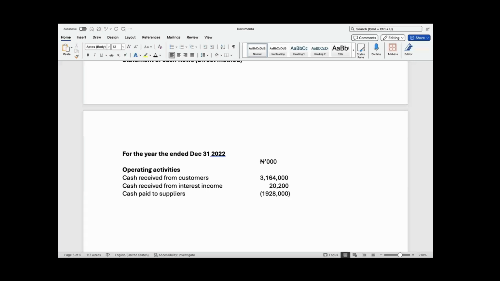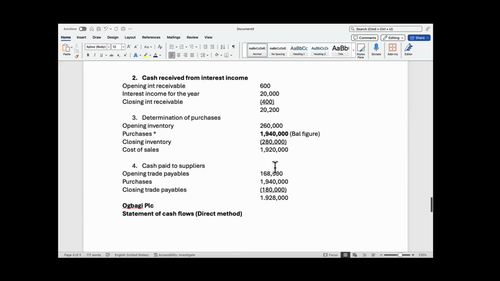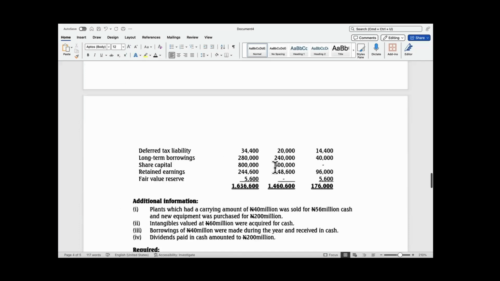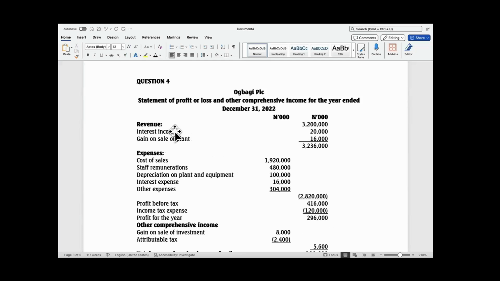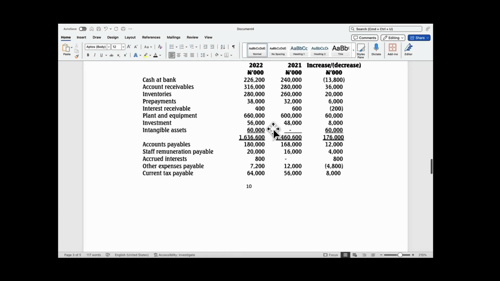I move to my staff remunerations. 480. Have I paid everything? I will check if I'm owing any of them. I'm owing. After my account payables, I have staff remuneration payables. Okay, 16,000 in year one, 20,000 in year two, and for the year it was 480,000.